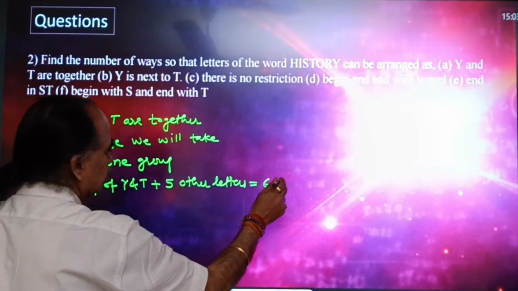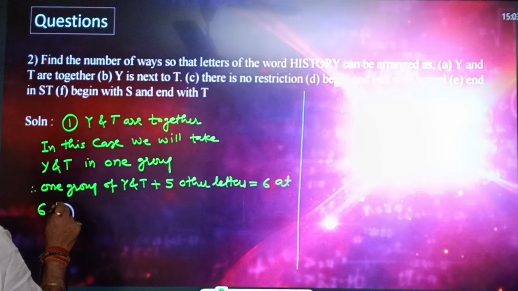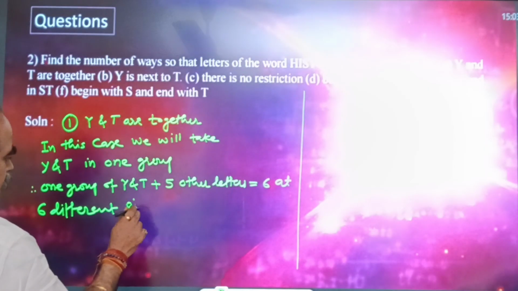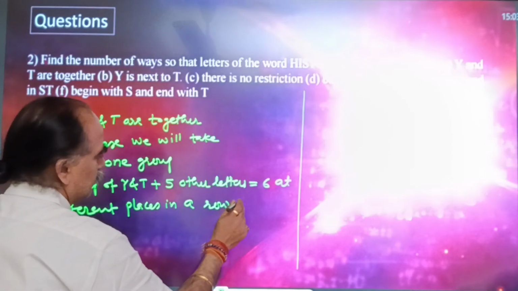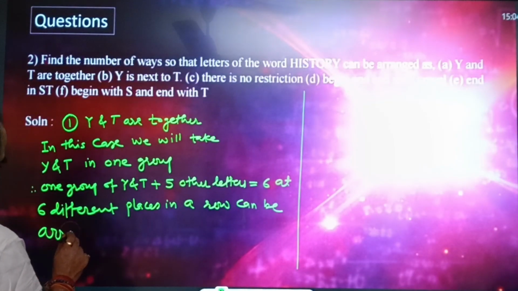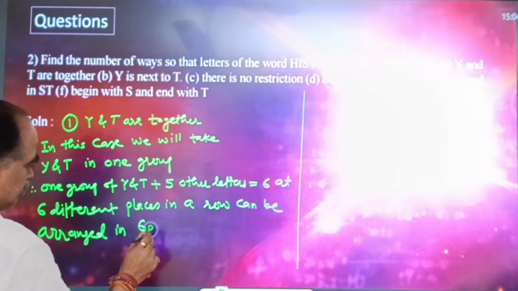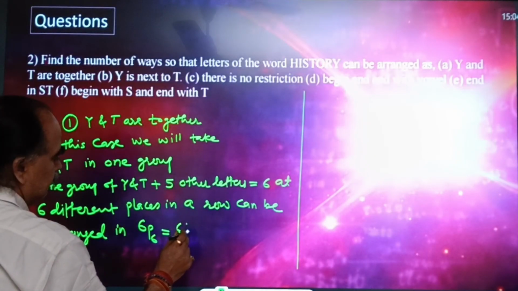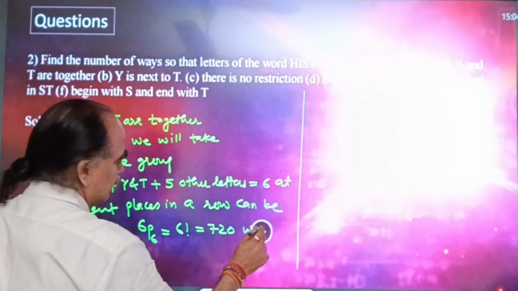That is equal to 6 at 6 different places in a row, which can be arranged in 6P6, 6 factorial, 720 ways.